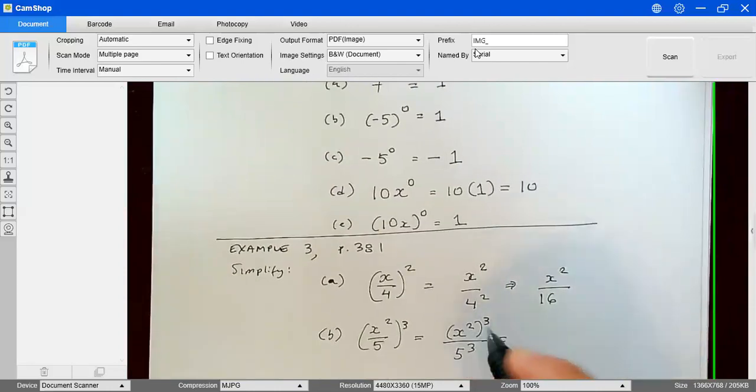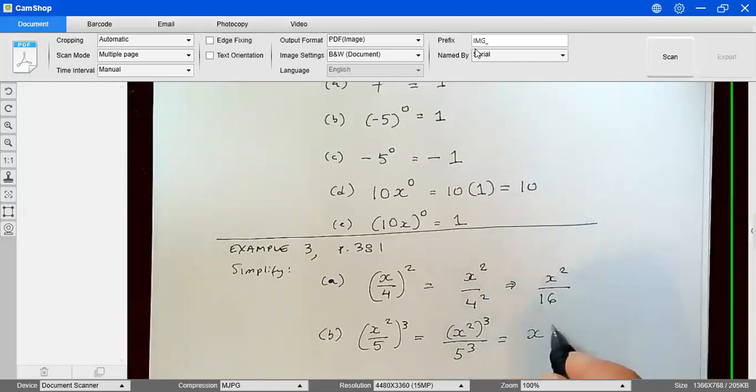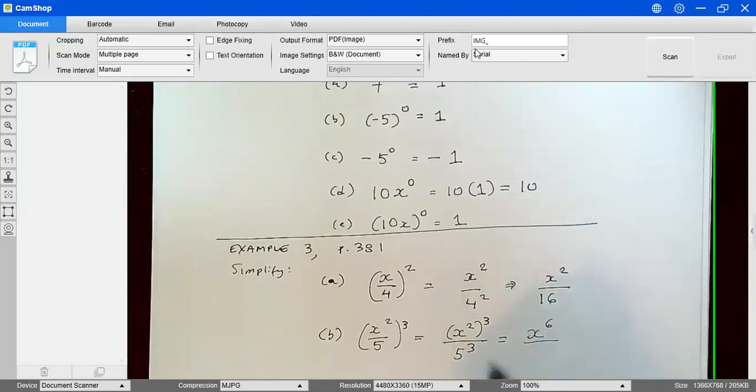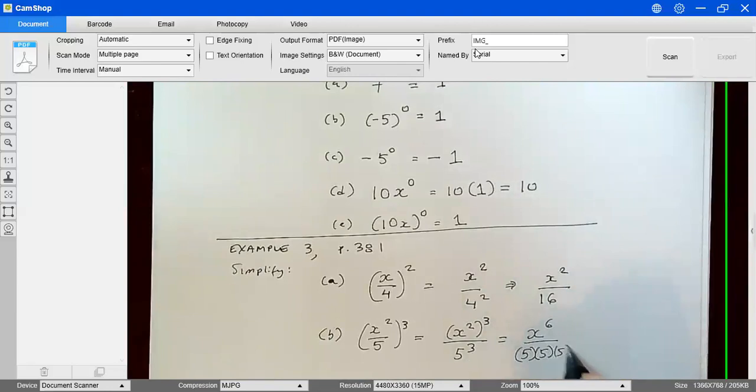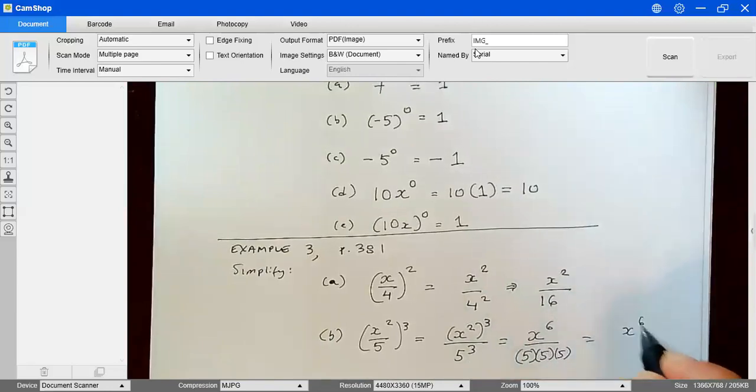So you apply the rule where you are getting the power of a power. So you multiply exponents. And in this case, you just rewrite this as 5 times 5 times 5. So this is going to be x to the 6 over 125.